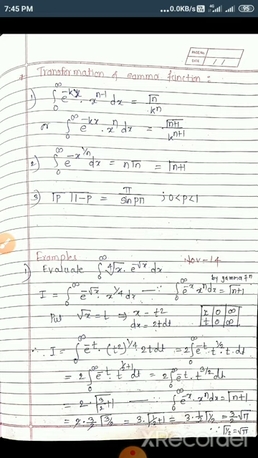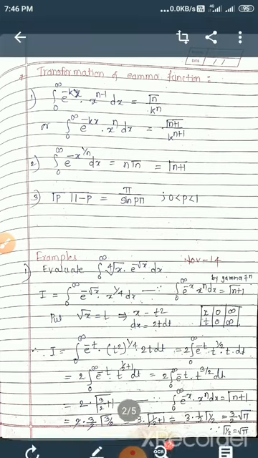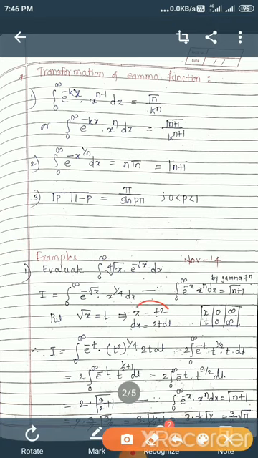So put all these in our main integration I, that becomes the integral from 0 to infinity of e raised to minus t. Now x is nothing but t square, so t square raised to 1 by 4, and dx is nothing but 2t dt.